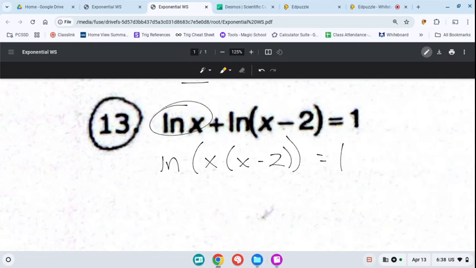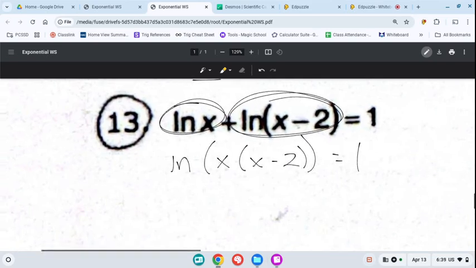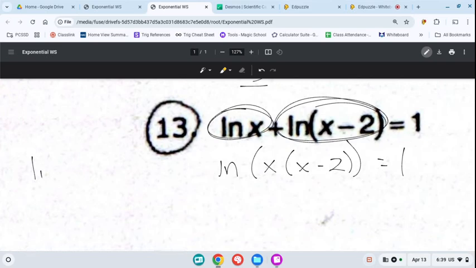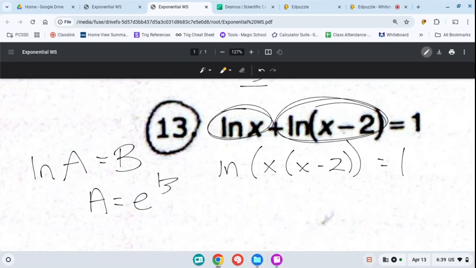So natural log plus natural log equals the natural log of the first thing times the second thing. Now, new rule. Anytime we have the ln of a equaling b, we now have a equals e to the power of b. Sorry, let me make that clear.